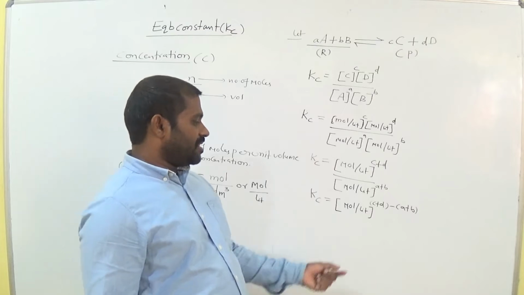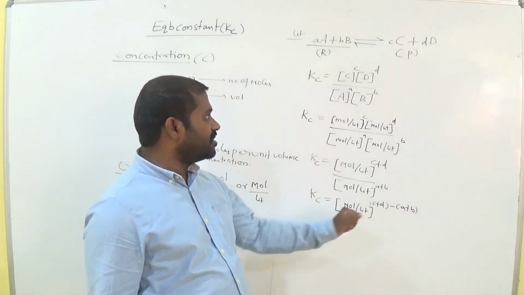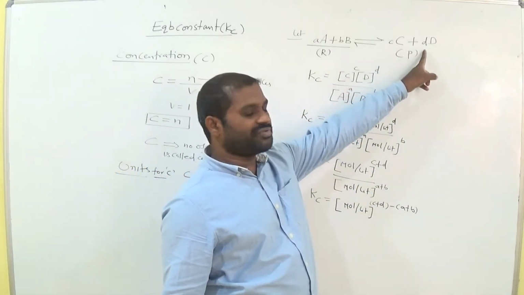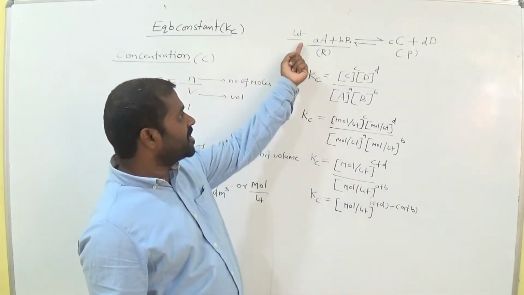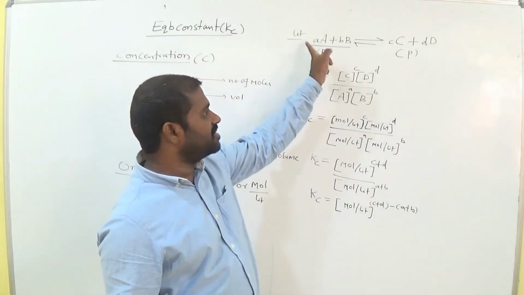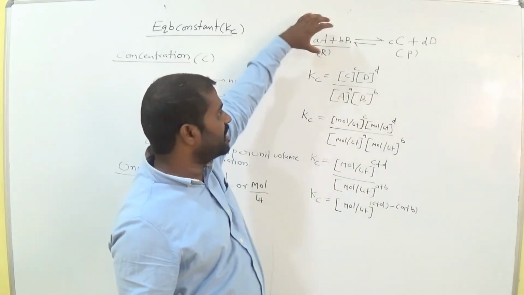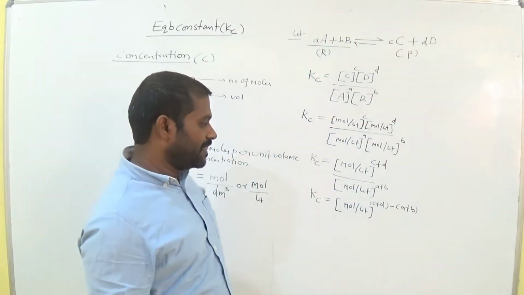So now what is c plus d? These are the coefficients of the products, you know. c plus d means coefficient of C plus coefficient of D. Am I right? What about a plus b? Coefficient of A plus coefficient of B. That means the number of moles of reactants and the number of moles of products. Am I right?